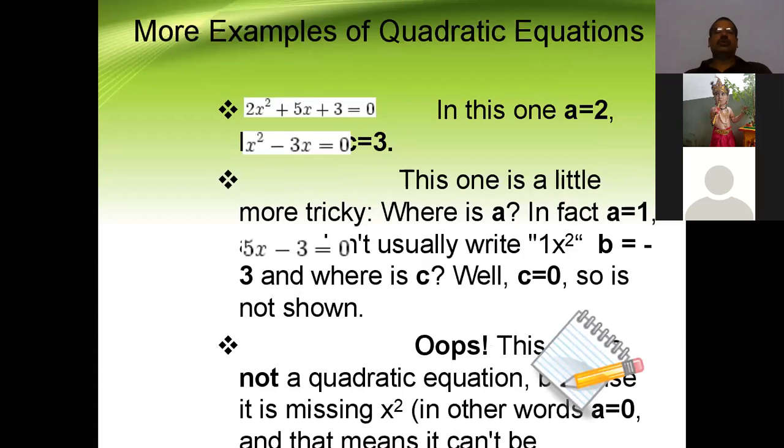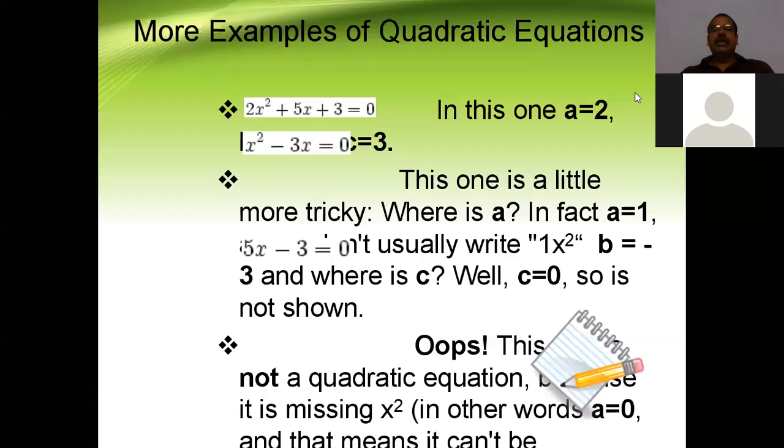In this, a equal to 2, b equal to 5, c equal to 3. The next one is a little more tricky: the x square coefficient is not written, that's why a equal to 1, and usually you can write it as 1x square, b equal to minus 3, and c is not there, so c equal to 0.